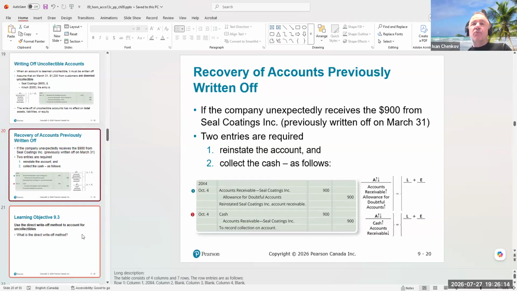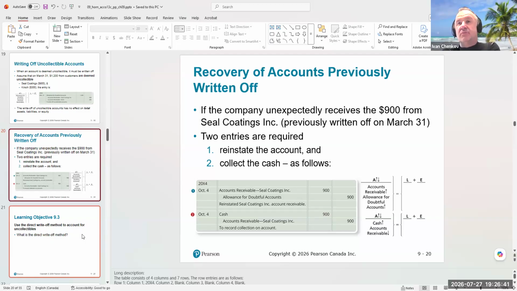What's going to happen if we recover? Say first there was an indication that the client is not going to pay. Later on, after a year, a year and a half, he came to his senses and said, you know what, I'm going to pay you guys, you've been loyal to me, so I want to pay.